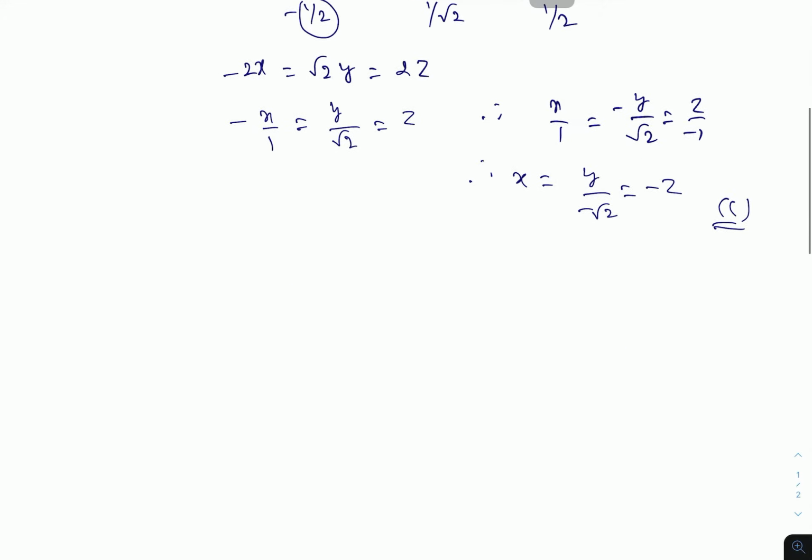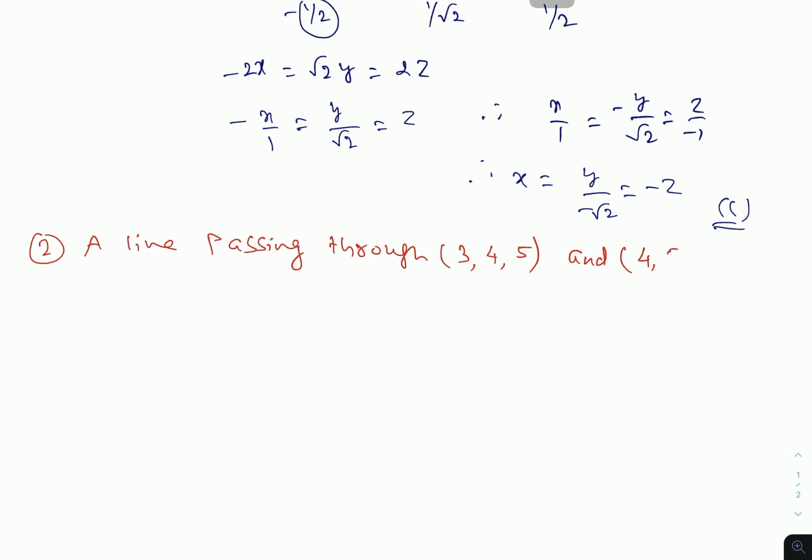Next, let us see. A line passing through (3, 4, 5) and (4, 5, 6) has direction cosines blank.